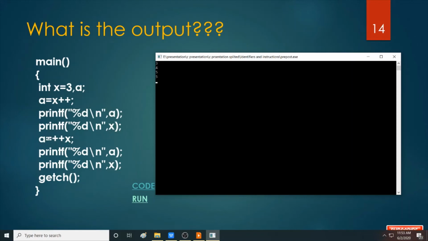Which operator has higher priority? This plus plus. So x is incremented, x becomes 5. This 5 is then assigned, as the assignment operator works. So what is the value of a now? It is 5. And the value of x is also 5. So the output is 3, 4, 5, 5.